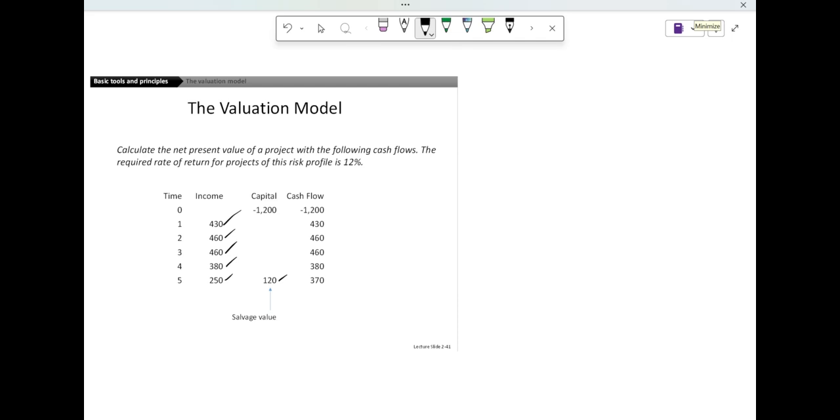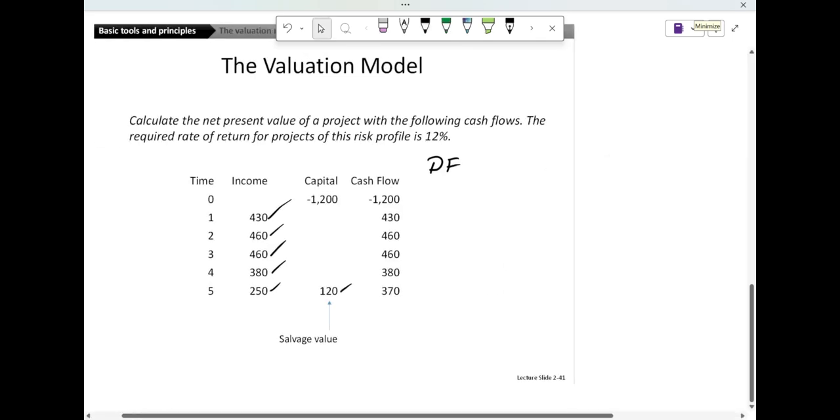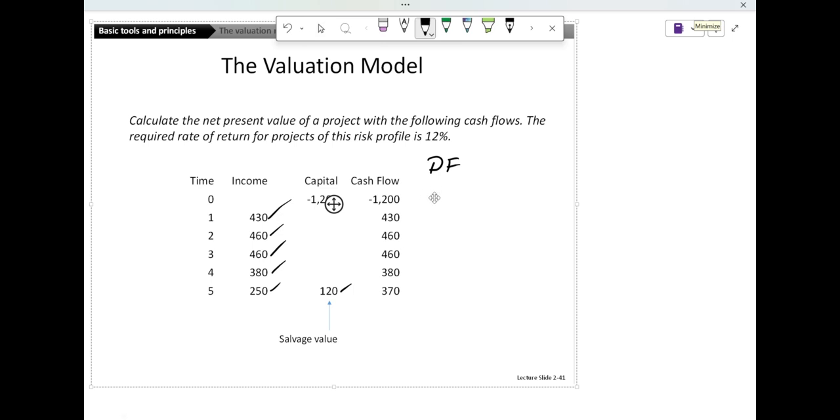Now I can multiply these cash flows. Since they are already given, I will just write discount factor over here, and I have already calculated the discount factors. In the first year it is always 1.